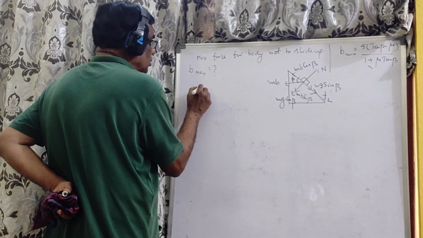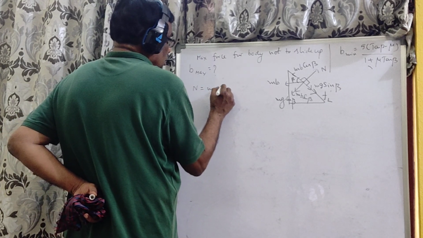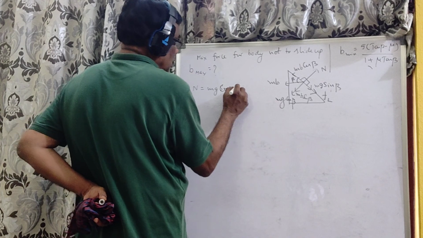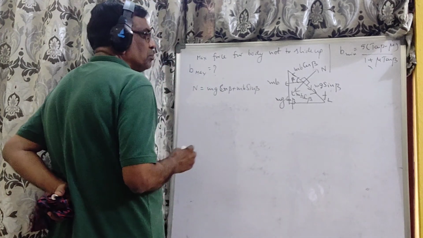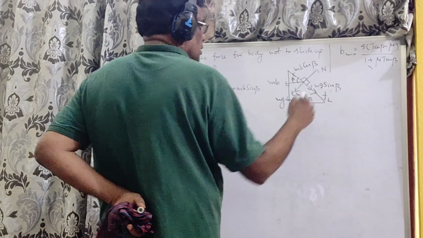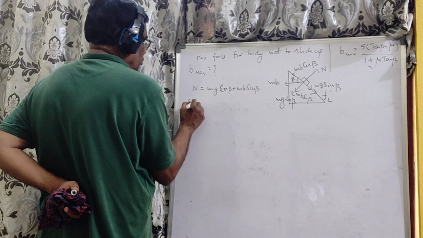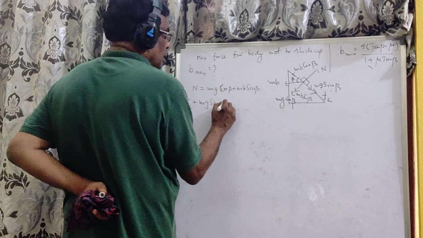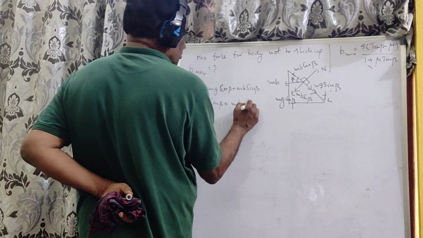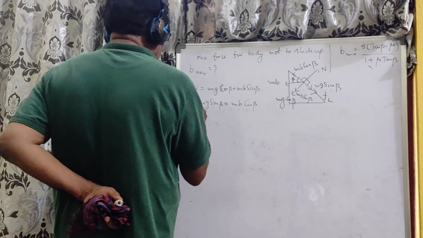So you have N is mg cos beta plus mg sin beta. And this is balanced. Therefore, you have FL plus mg sin beta is equal to mg cos beta. What is FL?